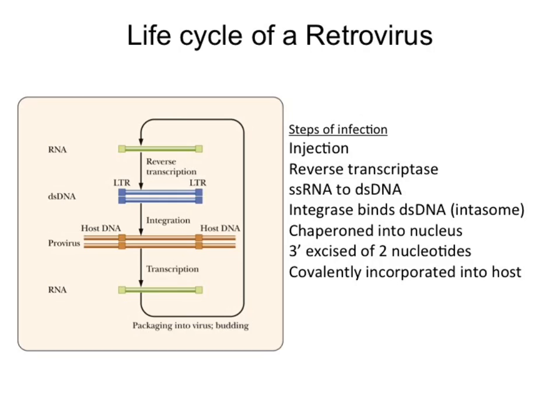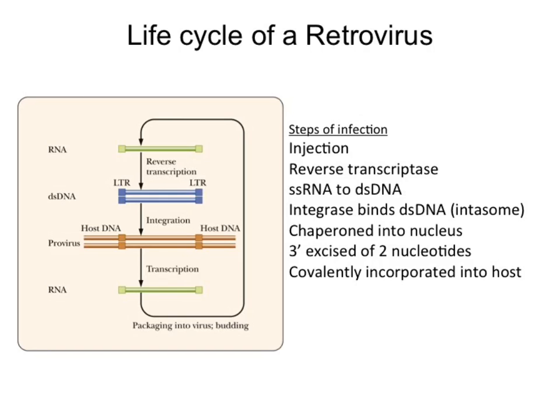The life cycle: inject, get it into single-stranded DNA, get your single-stranded RNA turned into double-stranded DNA. Once we now have the DNA, you now need to get that put into the genetic information of the cell, so the cell now replicates your information. That involves an integrase.